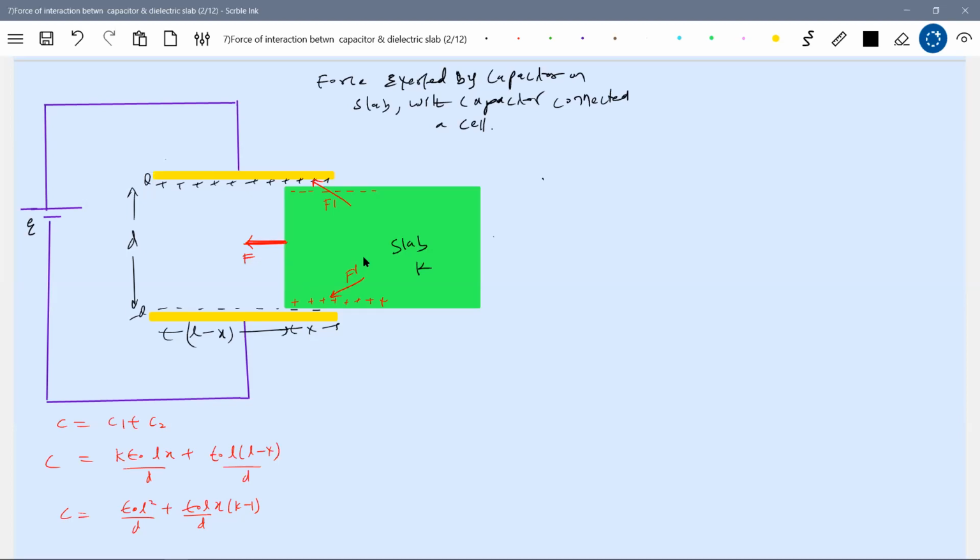Now tell me, because of the force acting, the slab will have a mass, and what is the volume?